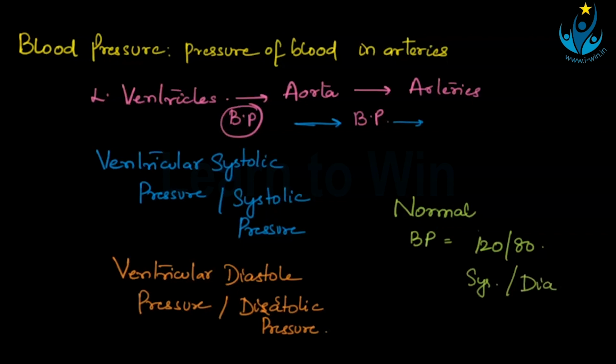And if you go back and see the cardiac cycle, we said that when the ventricles reach a pressure of 120, only then is there pushing of blood, and at 80 the blood will not push. So 120 by 80 is the systolic and diastolic pressure.